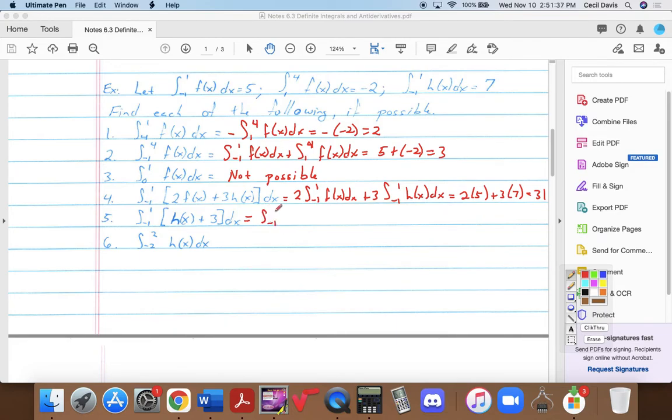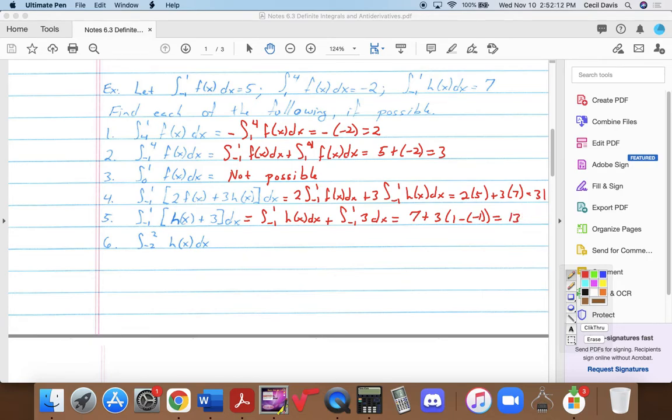But if we split it, it would be the integral from -1 to 1 of h of x dx plus the integral from -1 to 1 of 3 dx. So that would be 7 plus, that's the constant rule, 3 times 1 minus -1, which is 6, so 13.